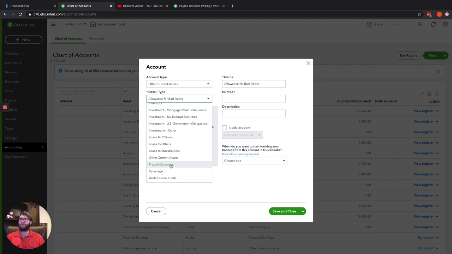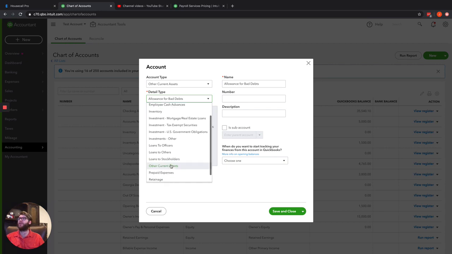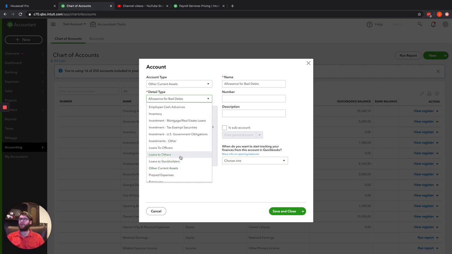But prepaid expenses here, if you pay your insurance every 6 months, so you pay insurance on January 1st, and that payment is good for January, February, March, April, May, and June. Over time, you're going to be depleting that asset. But we don't want to recognize that expense all at once because we're slowly depleting that asset. Again, that'll be something that I'll probably go into in another video.